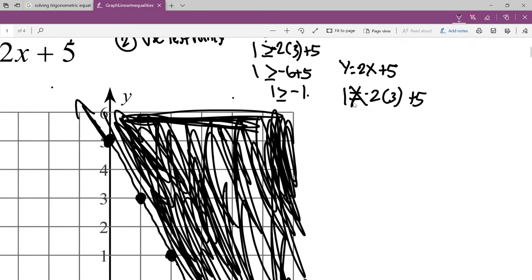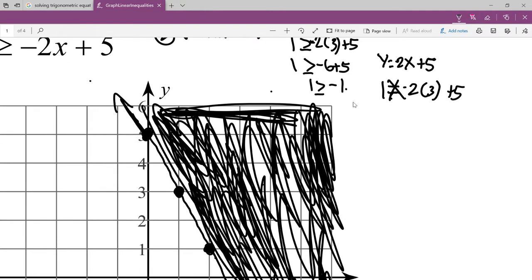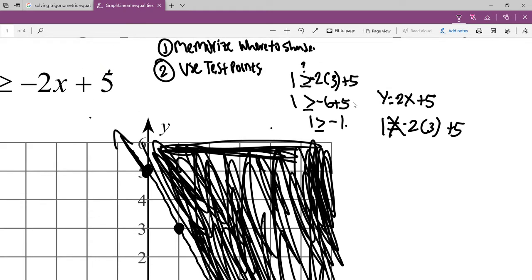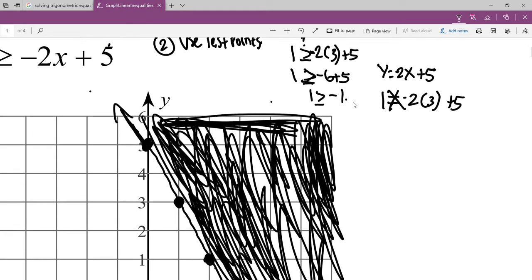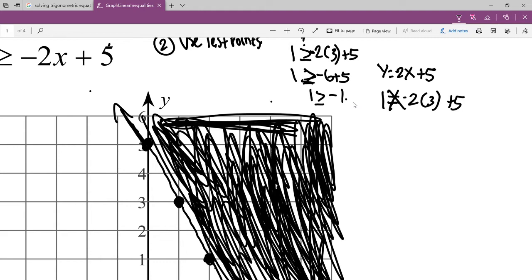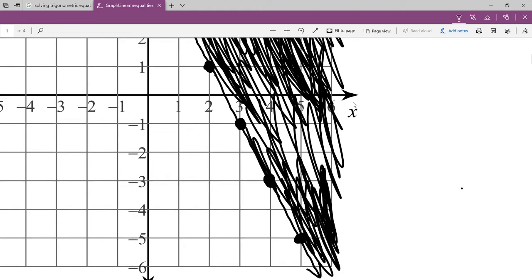But in an inequality, you can say that because it is greater than or equal to. So they want to make sure you show that it is true. So that's why you have to shade this area right here.